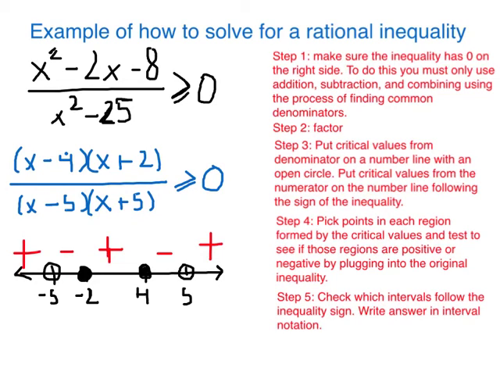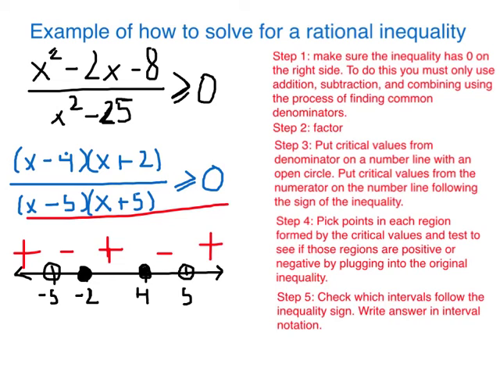That was what we ended up with in our sign chart. Now, we are looking here at the inequality, and it has to be greater than or equal to 0. Which one of these intervals, a positive interval or a negative interval, would be greater than 0? So obviously the positive interval is greater than 0.